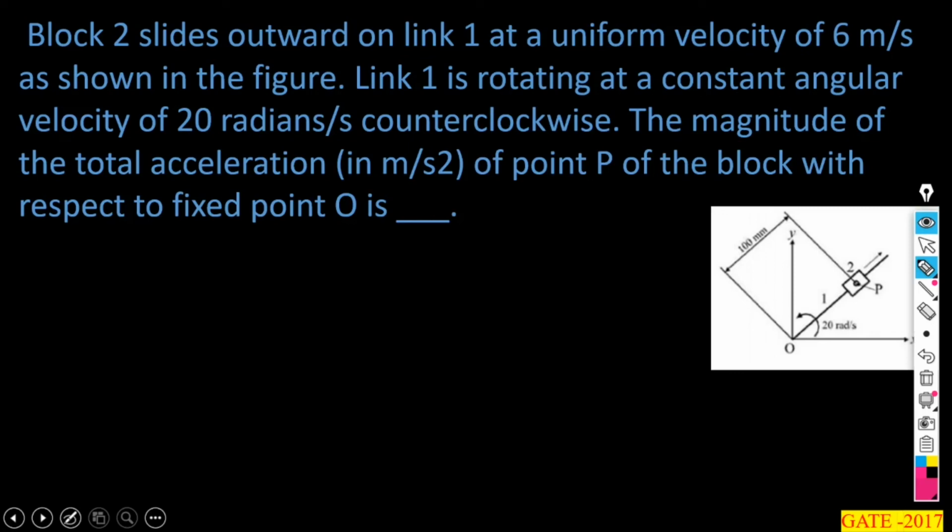In this case, we use the planar polar coordinates. The acceleration is given as r double dot minus r theta dot square in r cap, the unit vector, plus r theta double dot plus 2 r dot theta dot in theta cap.